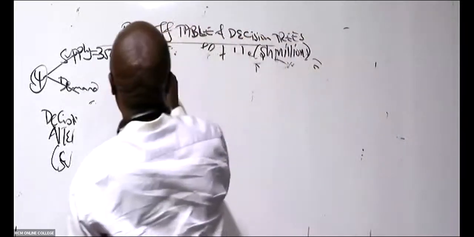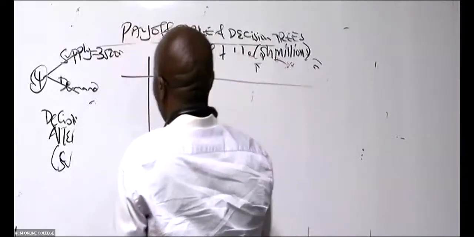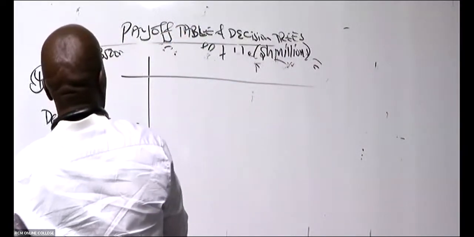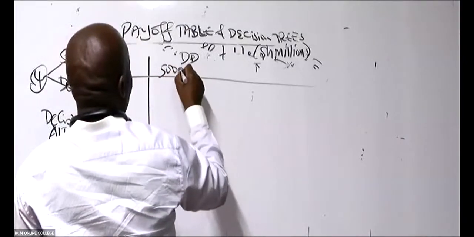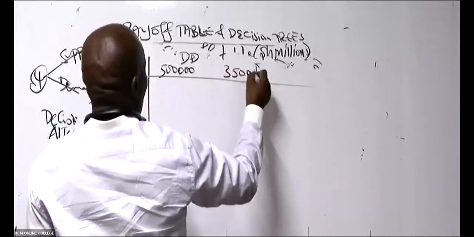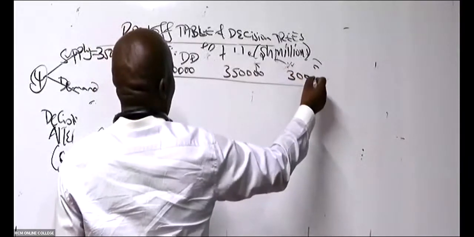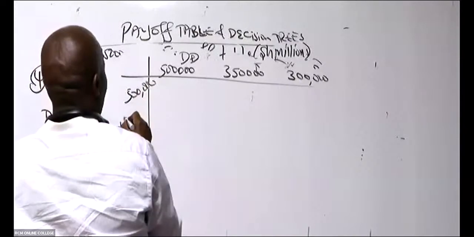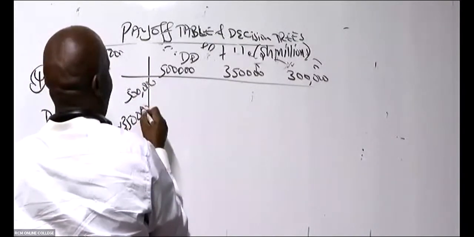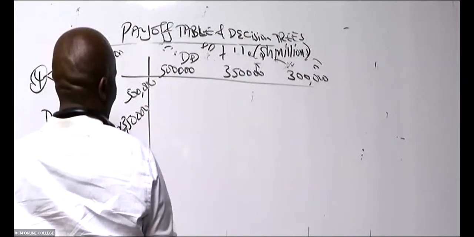Now, ladies and gentlemen, remember this is our table. So we have here supply, we have here demand. So 350,000, 300,000. Then we have 500,000, 350,000, 300,000.